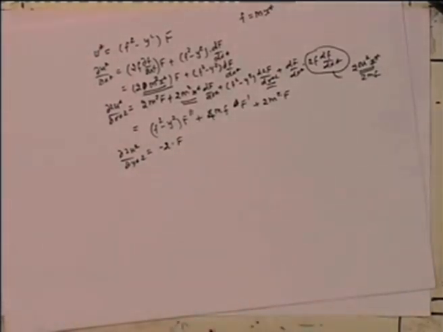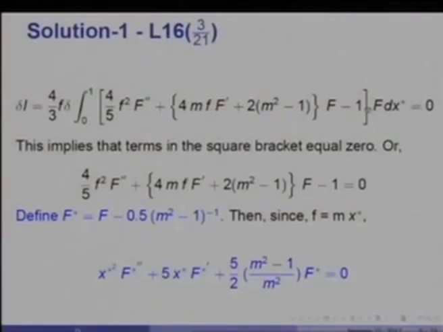So, if I substitute for this and this in this equation minus 1 delta u star, and if I further carry out the integration first with respect to y star, then I will get 4 by 3 f delta variation of 0 to 1 [4 by 5 f square f double prime plus 4 m f f prime plus (2 m square minus 1) whole square into f minus 1] into f dx star is equal to 0.